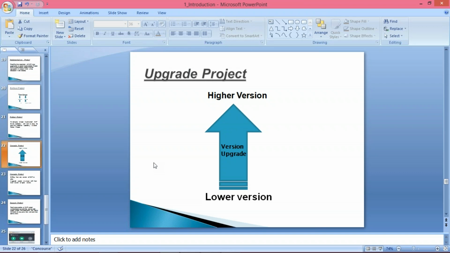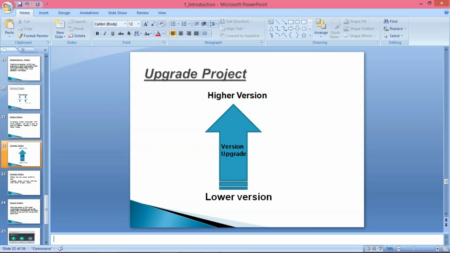Functional consultants have to perform lots of activities. Why lots of activities, guys? Let me give an example here.